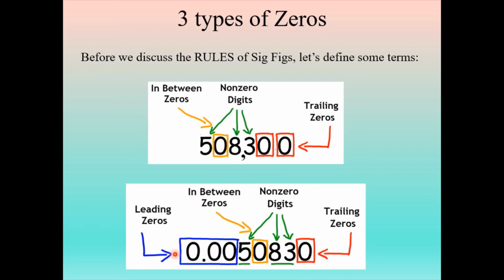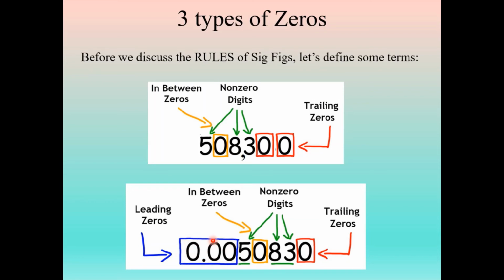It turns out that these are going to be treated very differently than this 0. Let's look at another example here. Here's a decimal number, 0.0050830. Now notice before we get to our non-zero 5 here, we have what are called 3 leading zeros.